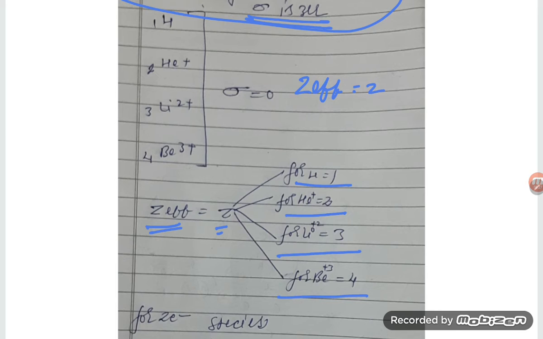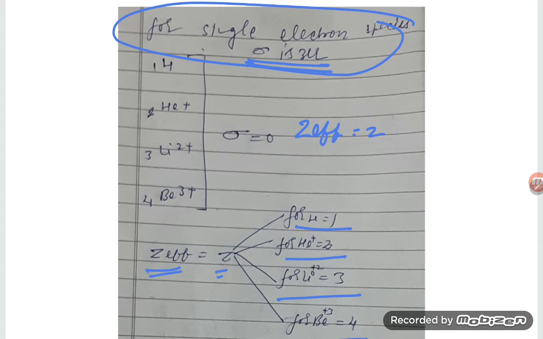Because these are single electron species, nice, student. For single electron species there is no other electron, so there will not be any screening effect. So sigma will be 0, meaning Z effective is equal to Z. Whatever the atomic number is, that is the effective nuclear charge.